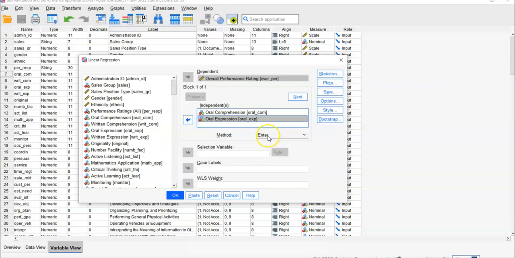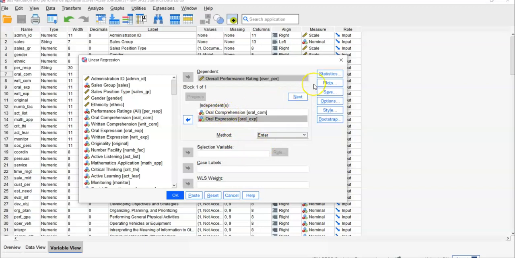This is very important to notice, because if you choose Stepwise, you command the model to be built with the variable that explains the most variance first and the next one with less variance. So we don't use that this time.